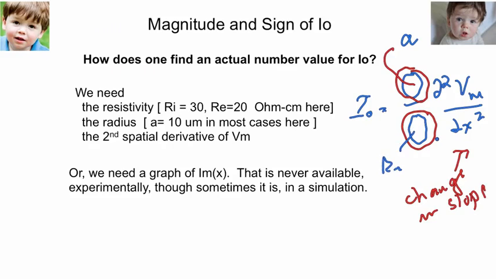I can tell you that for the computer simulations that have been done here, the value of the radius is 10 microns in most cases. You can see it at the top of the printout on the computer screen. And the value of Ri is 30 ohm centimeters in most cases. So usually that should work.